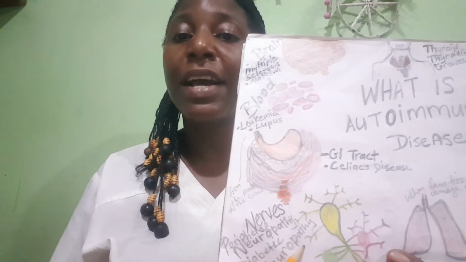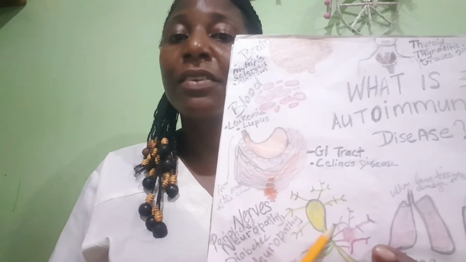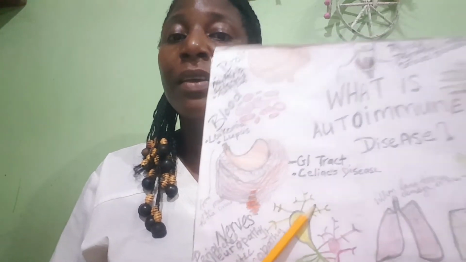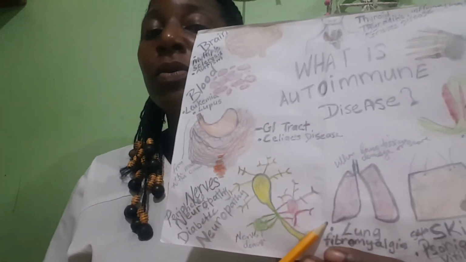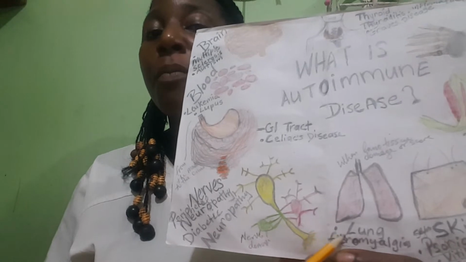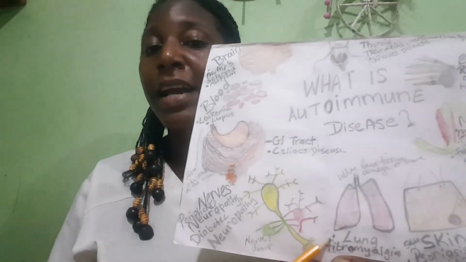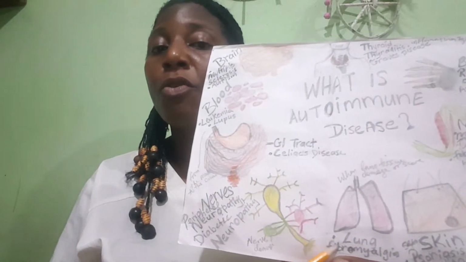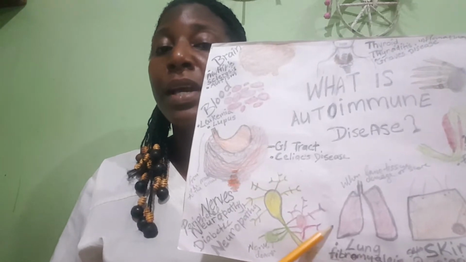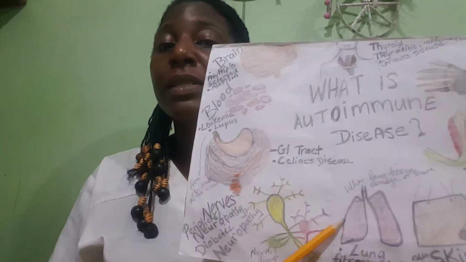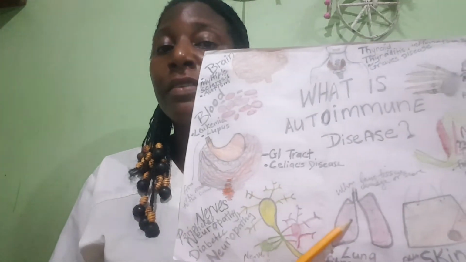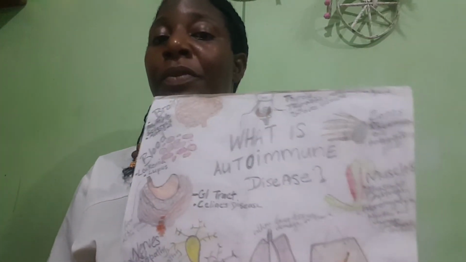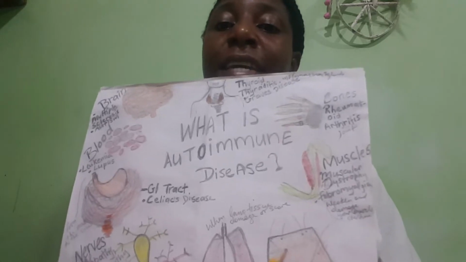nerve damage, right? So you see the nerves over here, and across from it you have the lung, fibromyalgia, right? The lung fibromyalgia is when your lungs are damaged or scarred. Across from there now you find the skin.